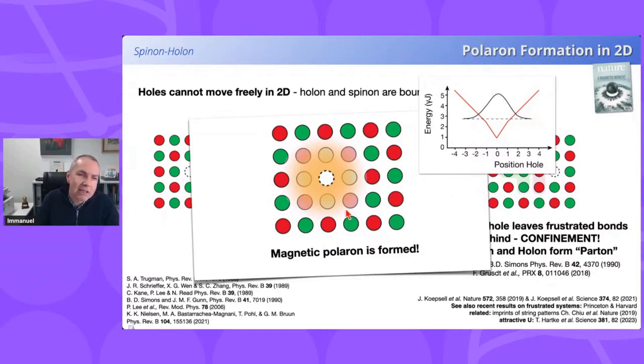And indeed, what happens here is a new quasi-particle forming, and this is what we call the magnetic polaron, which is basically this hole surrounded by a distorted cloud of spin correlations, which arises due to the motion of this hole in this antiferromagnet. So that's the new particle, and whenever this hole moves, it always has to drag around with it this spin flipped cloud, moving with it, and that's what we call the magnetic polaron in the system.